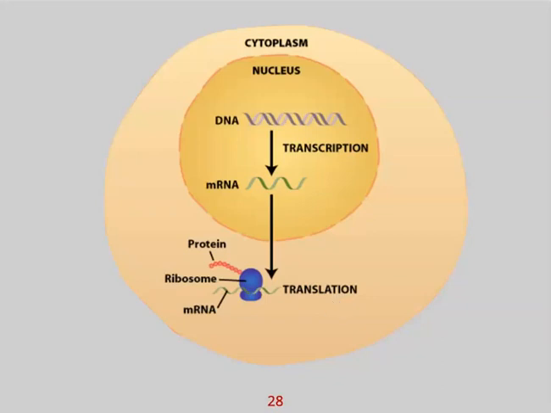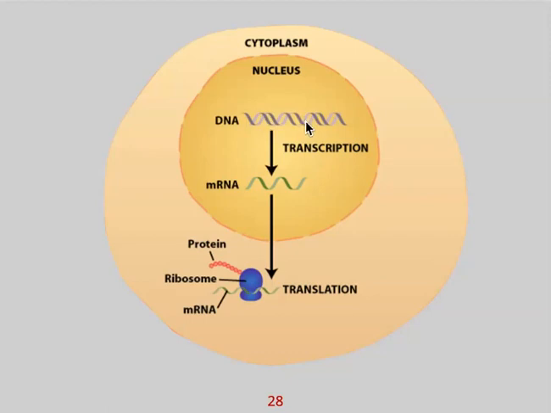And this is key because if we had to pull the DNA out of the nucleus every time we need to make a protein, it would make the DNA a lot more susceptible to damage and mutation. That's not good because we want that genetic code to stay in a place that makes it less susceptible to damage.